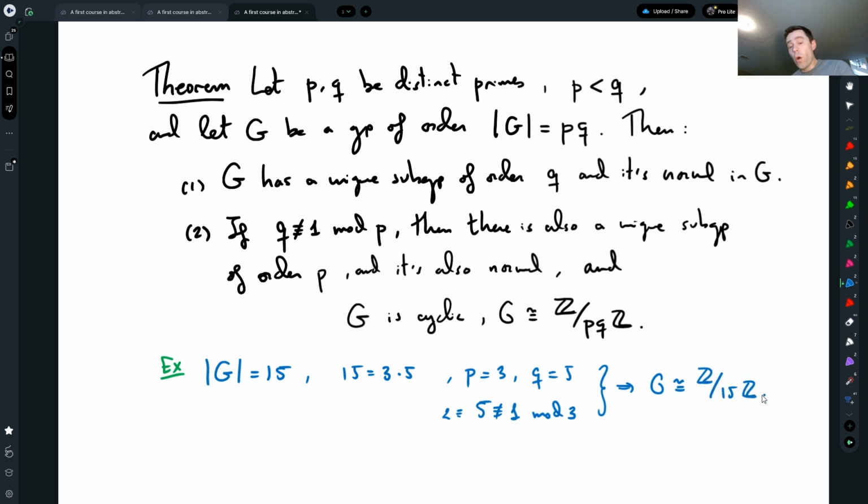So there are no non-abelian groups of order 15. They are all abelian, and they are all cyclic of order 15. So this is very strong, very nice.